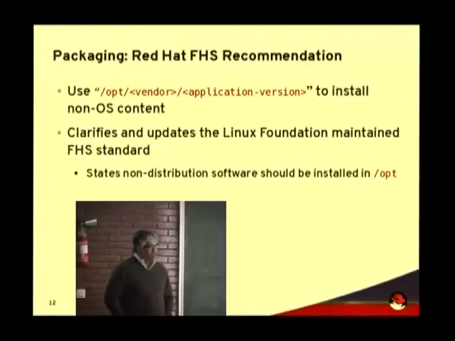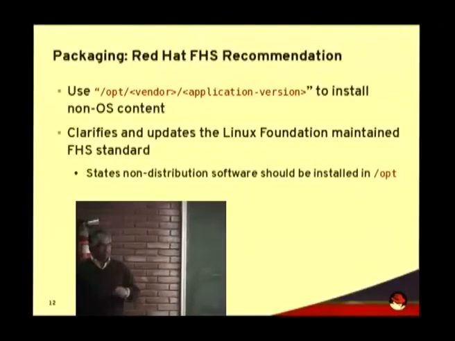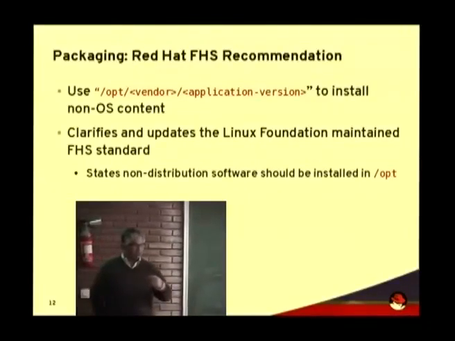So we looked at what the default file system hierarchy capabilities were, and one of the key things that stood out was /opt is defined by the Linux Foundation as being for things that are not in distro. So not in Fedora, not in Ubuntu, not in RHEL, right? So typically companies tend to use /opt for their own use.